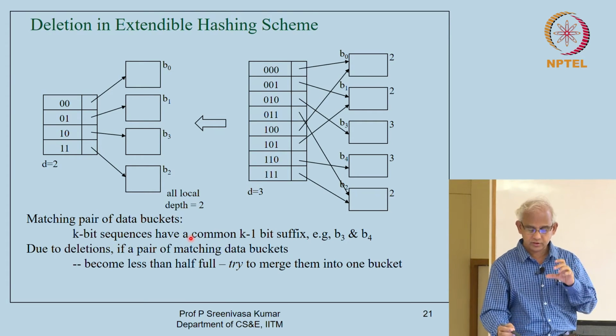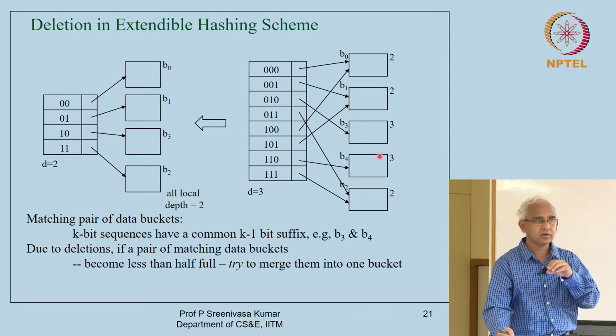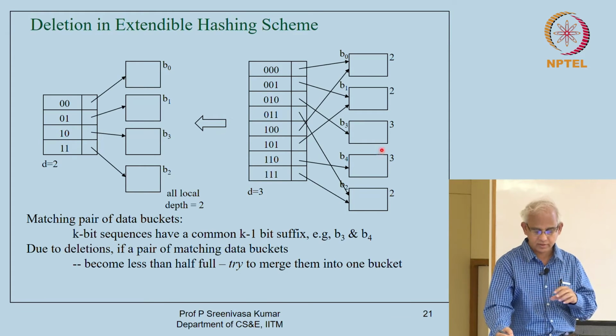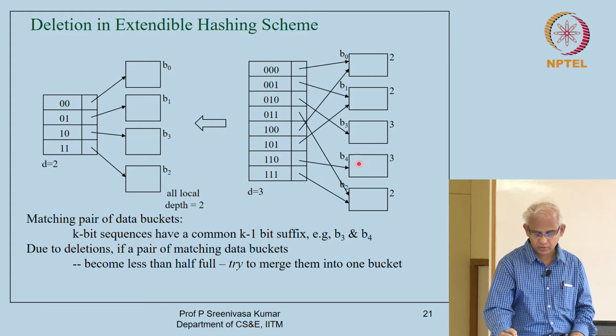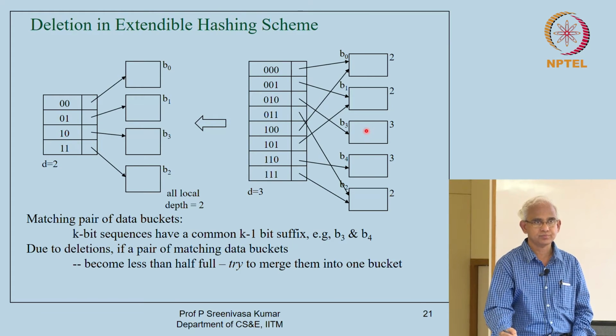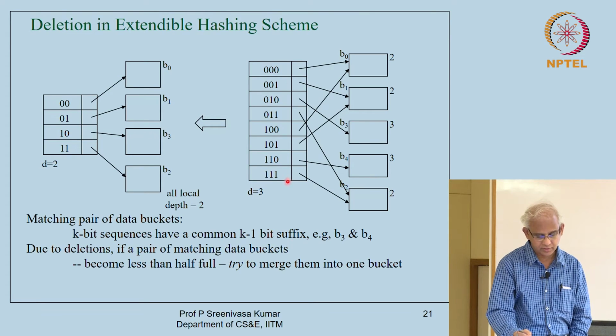So, what you do is you take the matching buckets, merge them and reduce the local depth, make use of one bit less now, and then adjust the pointers appropriately. So, this pointer and this pointer will now point to the same bucket. So, that is how when you merge you can adjust the directory.